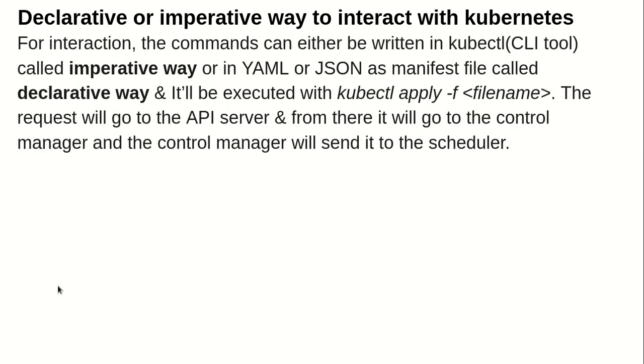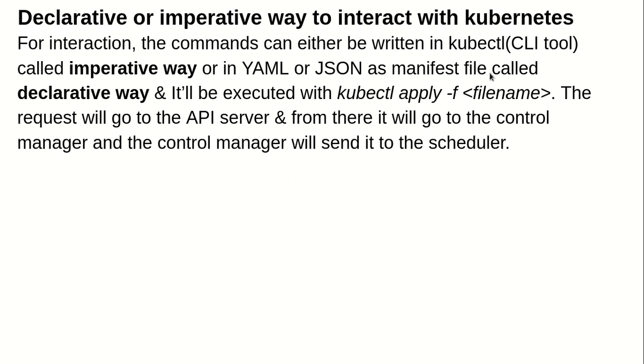Alright. So now let's move to the declarative or imperative way to interact with Kubernetes. For interaction, the commands can be written in the kubectl command line tool, which is called the imperative way. So you can write commands in kubectl, or you can write them in a YAML or JSON file, which is called a manifest file.